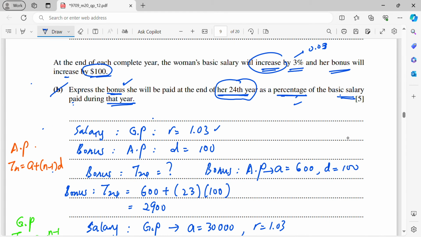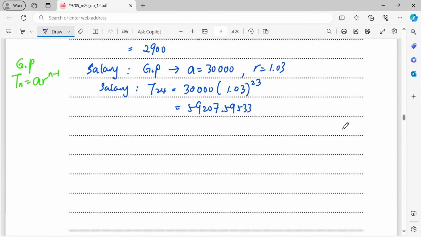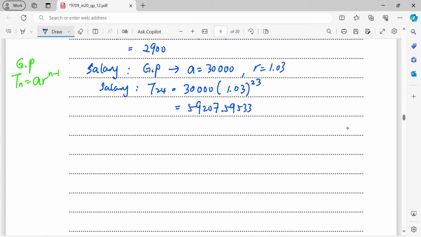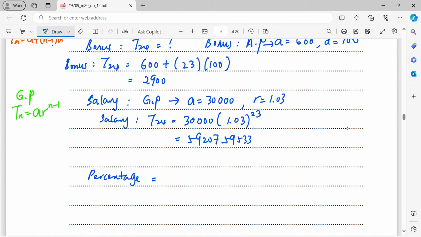Okay, and now the question is asking for the percentage, so the bonus as a percentage of the salary. So the percentage equals 2,900, that is the bonus, over this value. So 2,900 over 59207.59533, then times 100%.